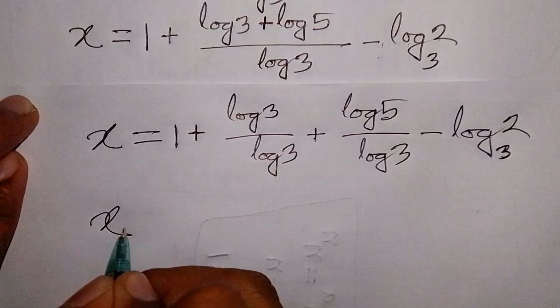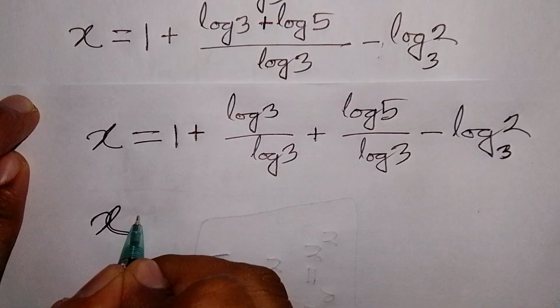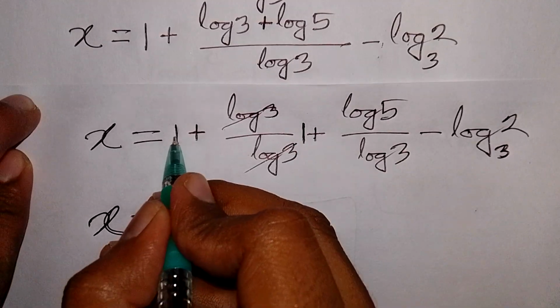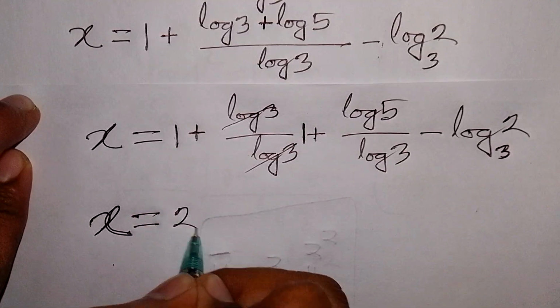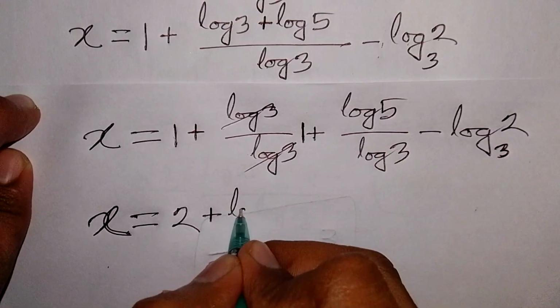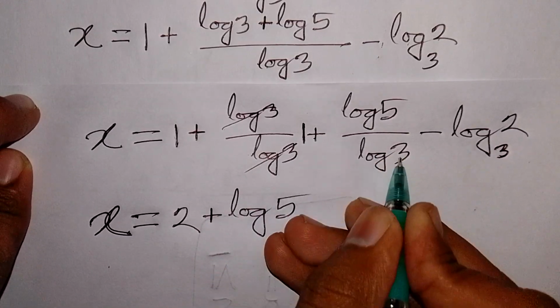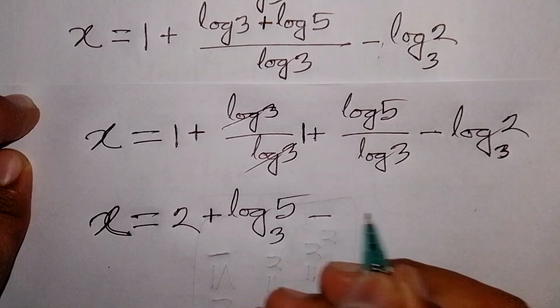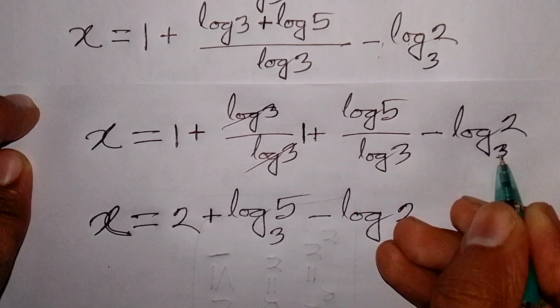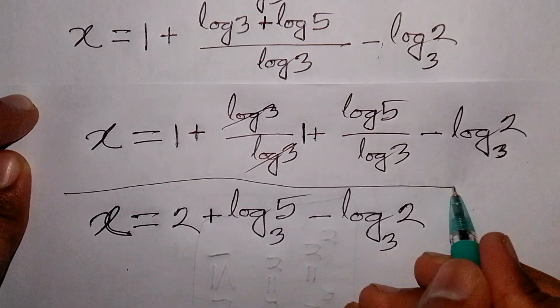Here this log 3 over log 3 will be 1, so 1 plus 1 will be 2, then plus log 5 over log 3, which is the same as log 5 base 3, then minus log 2 base 3. So this is the value of x.